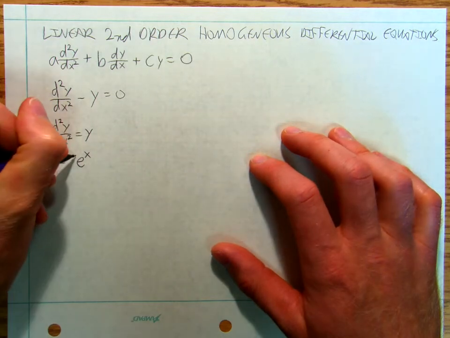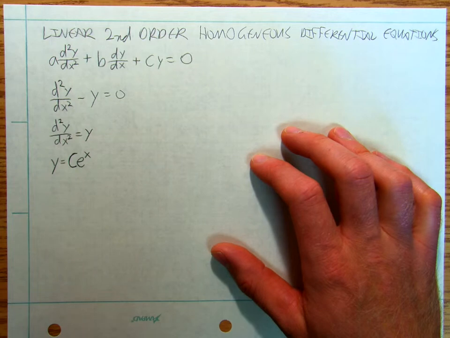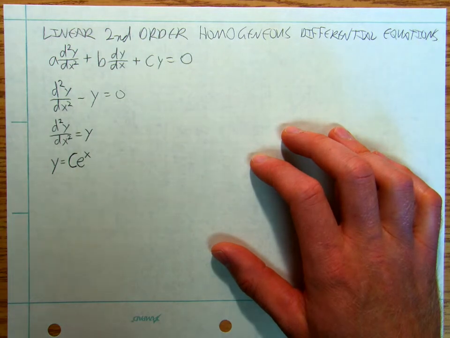Some of you are going to say that there's a c on there. Good, but you're not done yet. Can you think of another function that's going to also solve it?